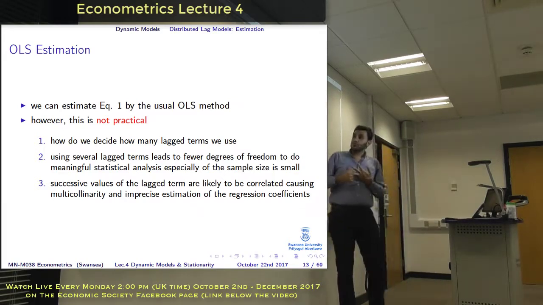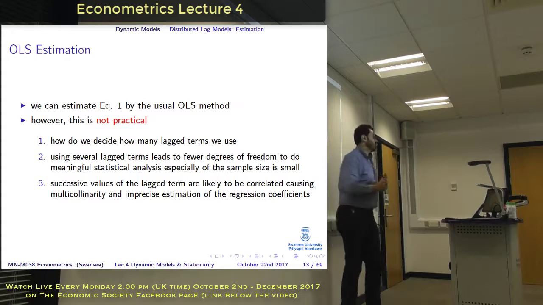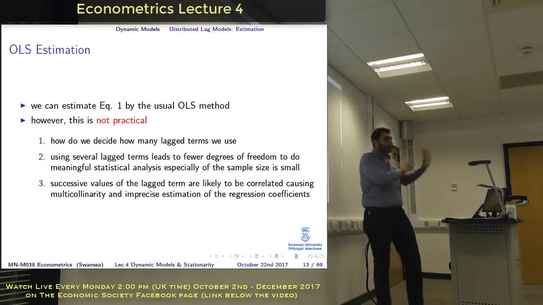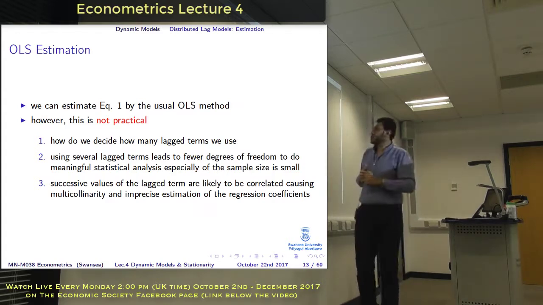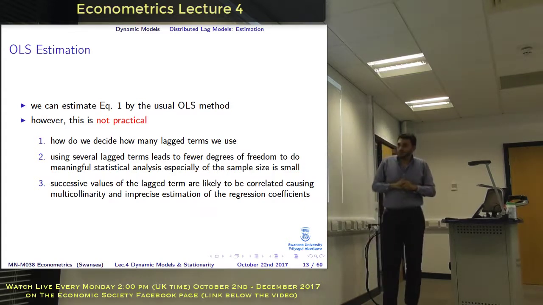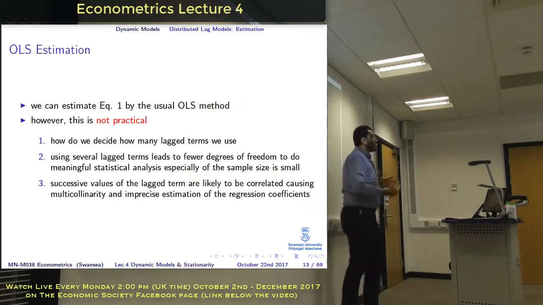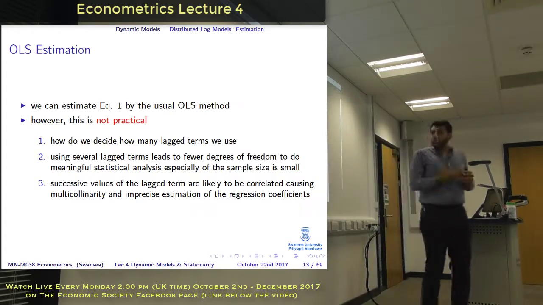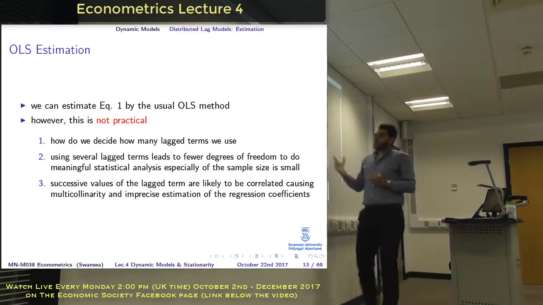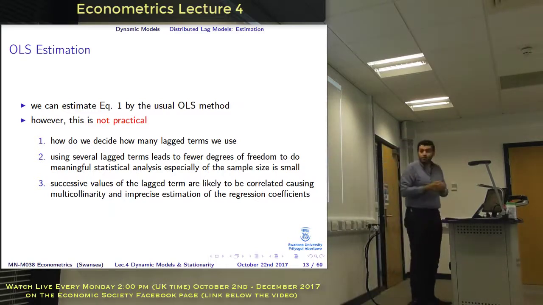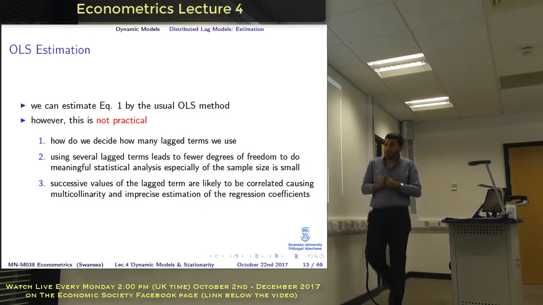First of all, how would we decide on the number of lags? How many time periods in the past do we go back to? Also, when you add more lags, that means fewer degrees of freedom, and this may affect the statistical inference, especially if you have a small sample.